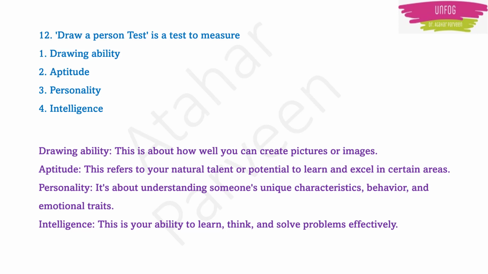So this can be the answer: the draw a person test can be a test to measure personality, because personality is all about understanding someone's unique characteristics, behavior and different emotional traits. Then what about intelligence? That too we know: it is our ability to learn, think and solve problems effectively.